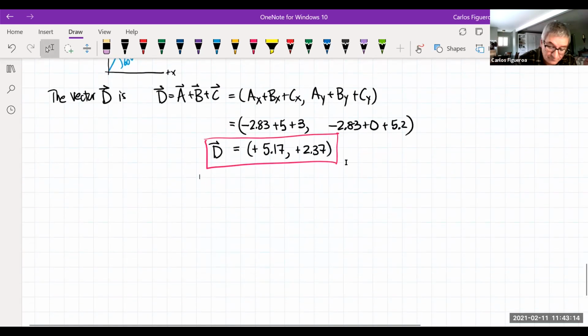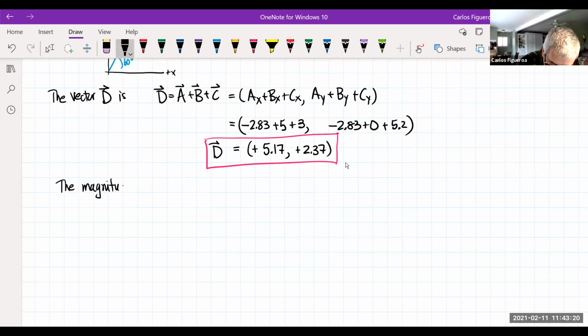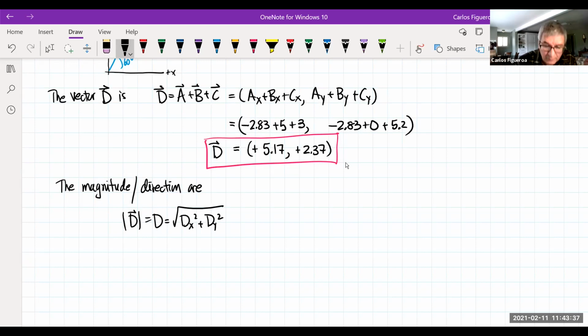Here we go. So the magnitude and direction are, here we go. The magnitude of D is then going to be the square root of Dx squared plus Dy squared.